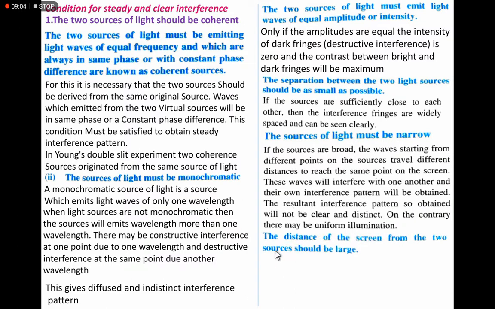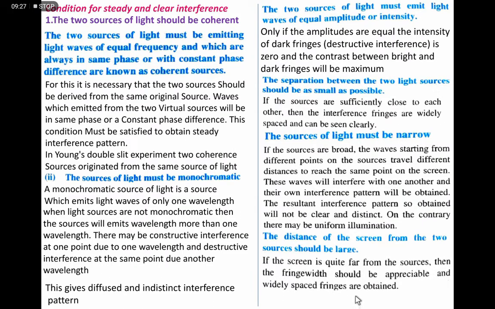Then the distance of the screen from the two sources should be large, that is capital D. In practice we use 80 to 100 centimeters, the distance between the slit and the screen.